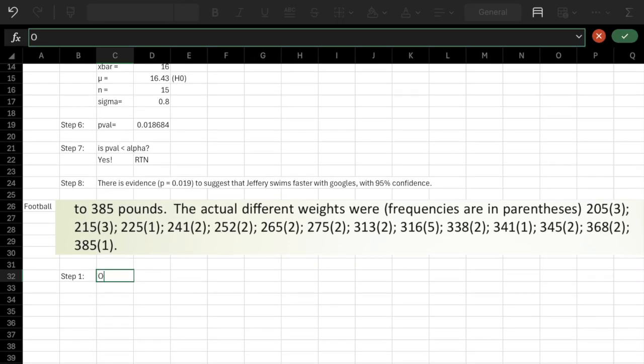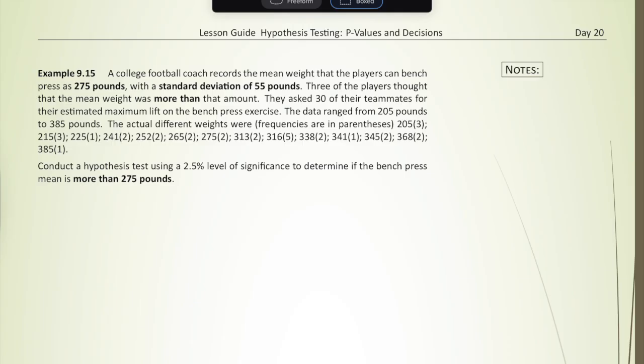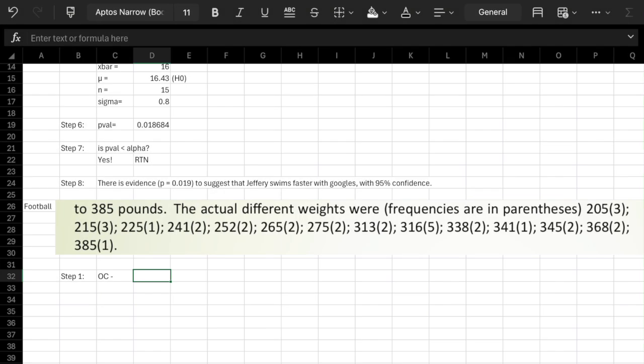So the original claim was, let's take a look at this, that three players thought that the mean weight was more than that amount. Okay, I think that's our original claim.